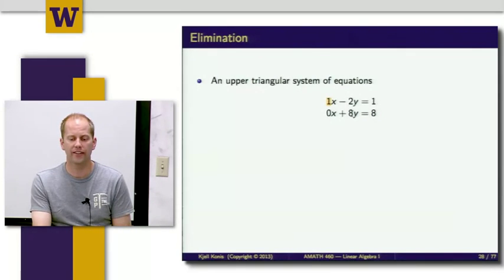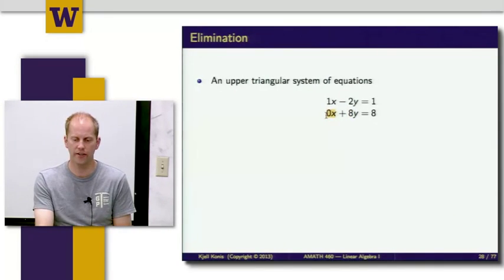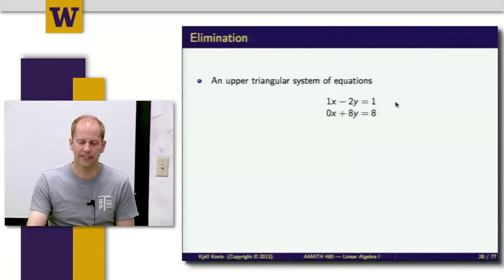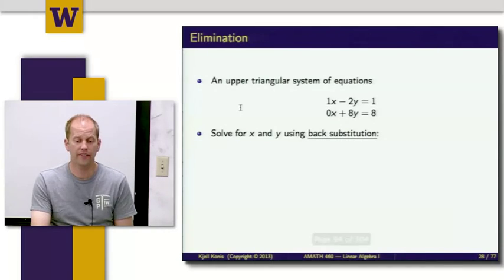So 1 and 8 are my diagonal elements. Below the diagonal is just the coefficient on this x in the second equation. And if I can make that 0, then I'm going to call this system an upper triangular system. So it's only coefficients in the upper triangle here that have non-zero coefficients. And if I can do that, then it's going to be really easy to solve for x and y using an algorithm called back substitution.